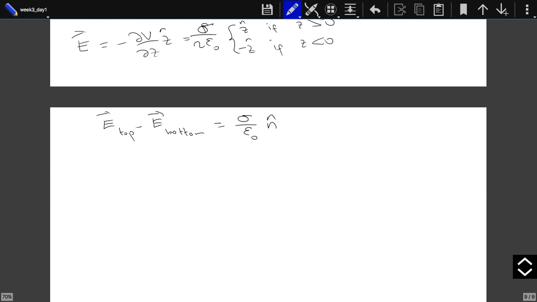If you would write the same expression for the potential differences, the potential just above the surface minus the potential just below the surface is equal to minus the integral of E dot dl from bottom to above.